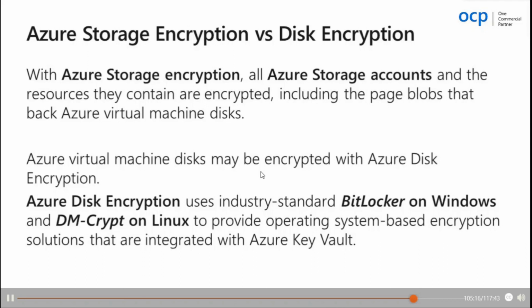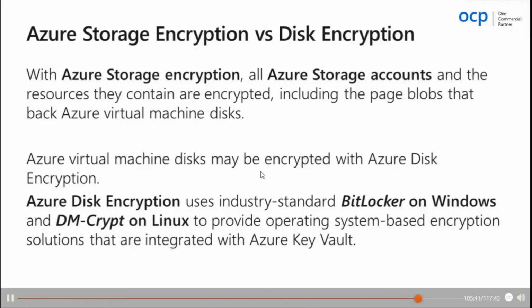When we talk about disk encryption, we are talking about using BitLocker for Windows, dm-crypt for Linux, that will provide an operating system-based encryption solution that can also integrate with Azure Key Vault because we need a key. That key can be stored on Azure Key Vault.